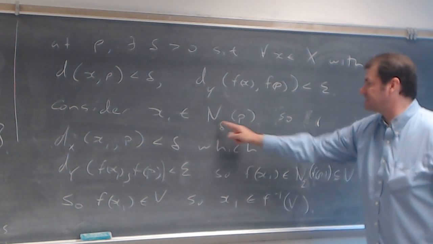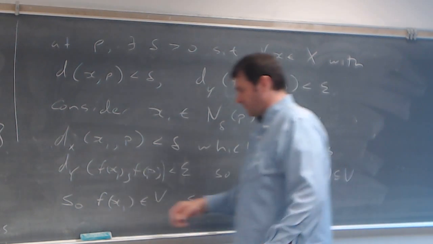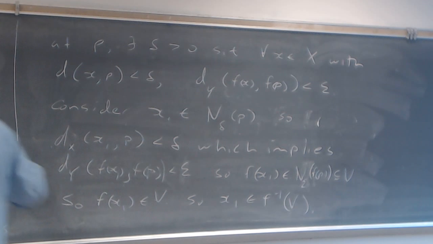So what we get is that this neighborhood of radius delta of p is going to be a subset of this inverse, excuse me, image of V. Okay, let me write that down.